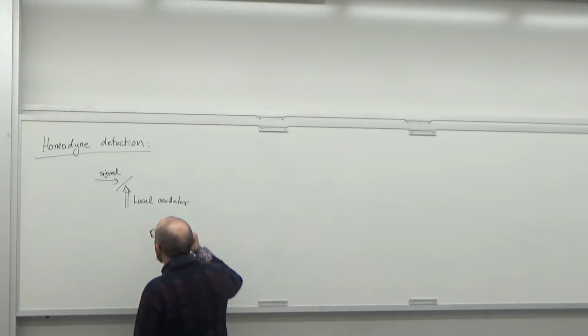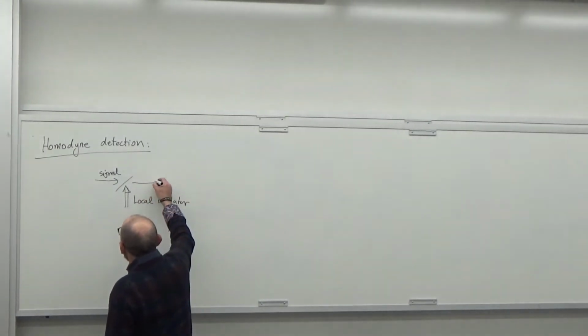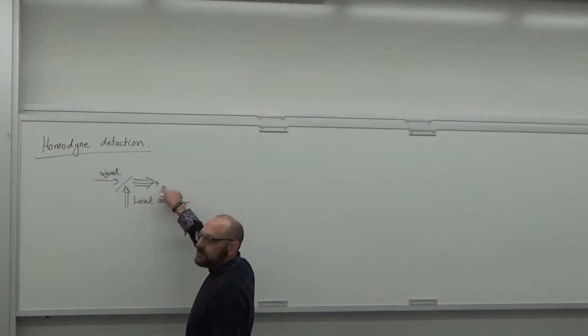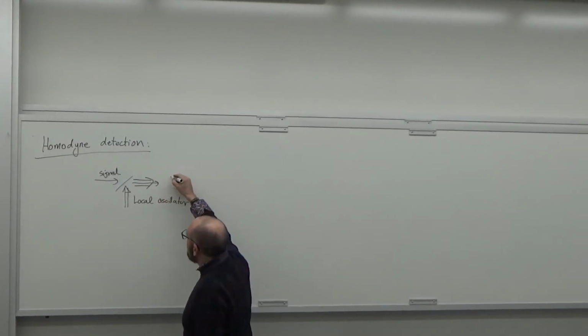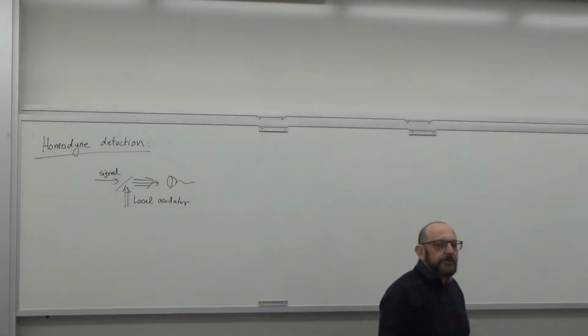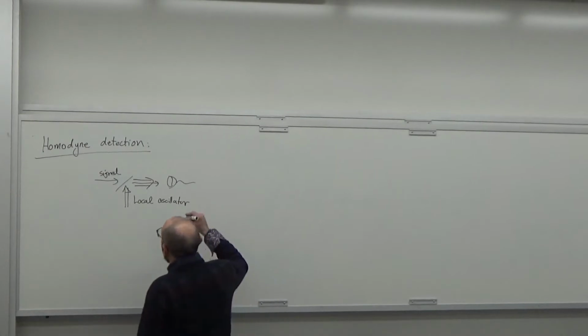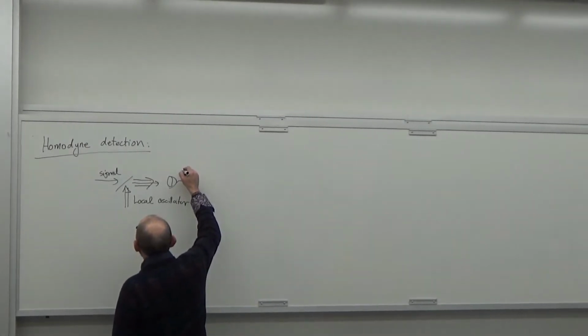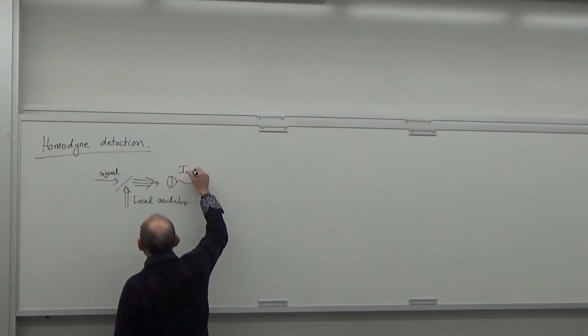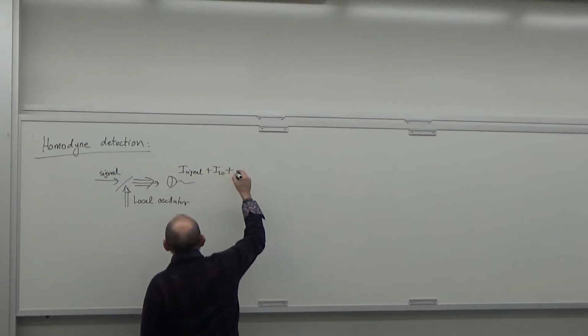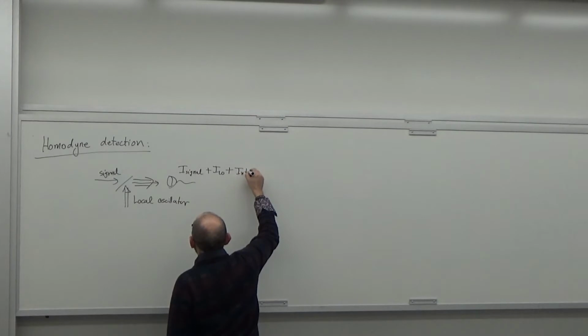Anyway, the point here is that you get an interference between the local oscillator and the signal, and you put that on a detector. And what you would see on this detector is that the intensity on the detector would be the intensity of the signal plus the intensity of the local oscillator plus some interference term.